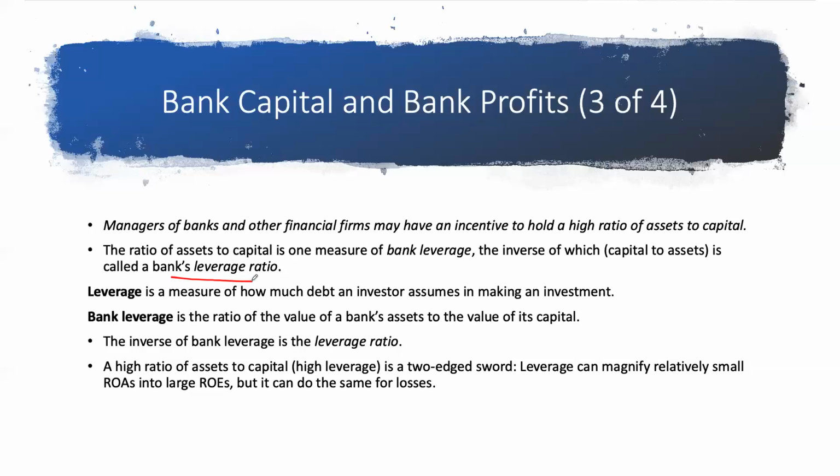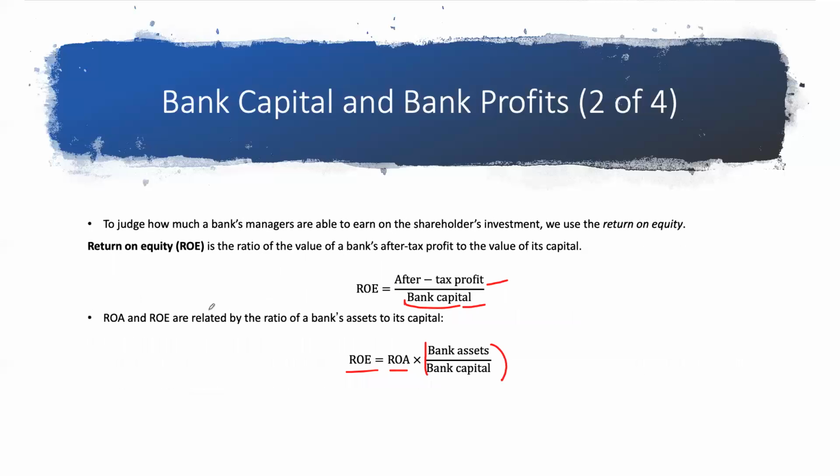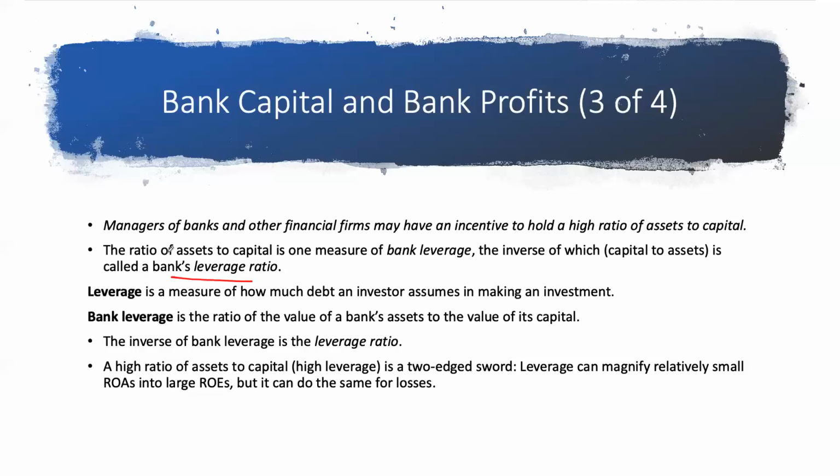The higher the leverage ratio, the higher the reliance on debt to fund the bank's operations, and the lower the reliance on equity. The higher the reliance on debt, the more small changes in the return on assets can magnify into large returns on equity if the leverage ratio is really high. Okay, so a high ratio of assets to capital, which is what we call high leverage, is a two-edged sword.